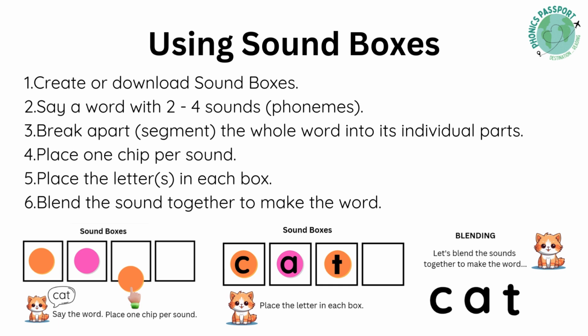Number 2, say a word with 2 to 4 sounds or phonemes. Number 3, break apart or segment the whole word into its individual parts. Number 4, place 1 chip per sound in the box. Number 5, place the letter or letters in each box. Number 6, blend the sounds together to make the word.